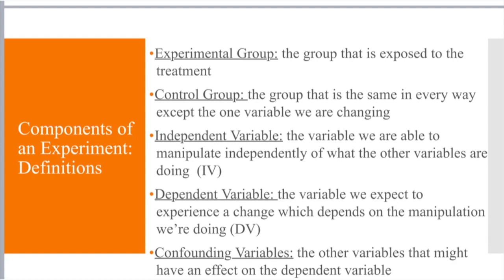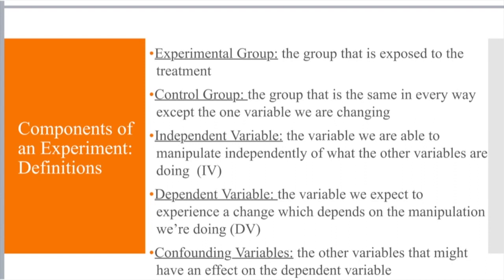But looking at the independent variable in this particular example, it is sugar. The dependent variable is what is changing because of the introduction or removal of sugar from a kid's diet.